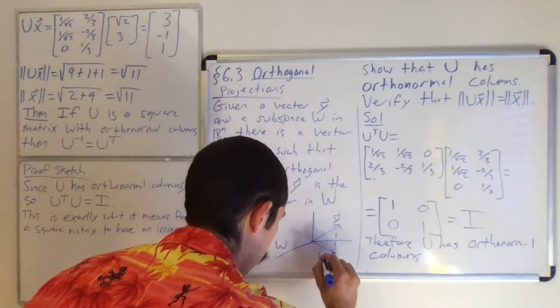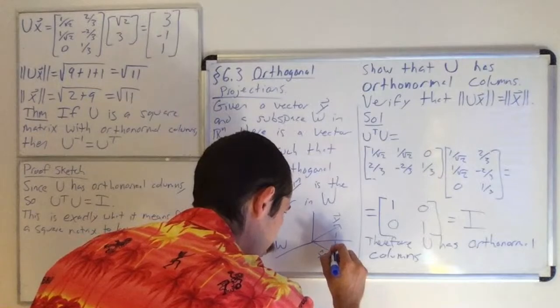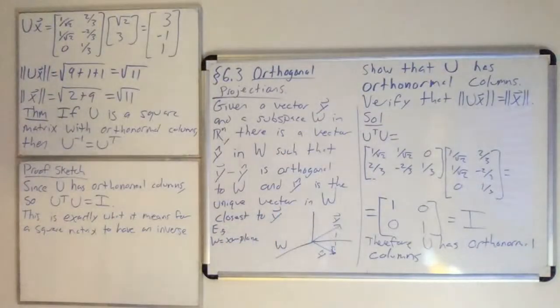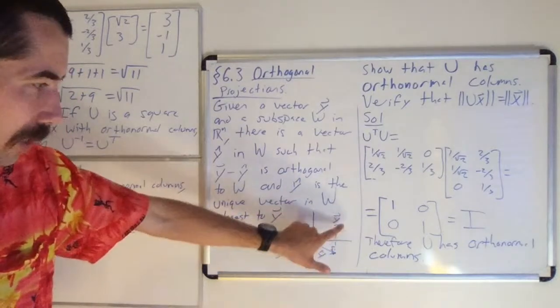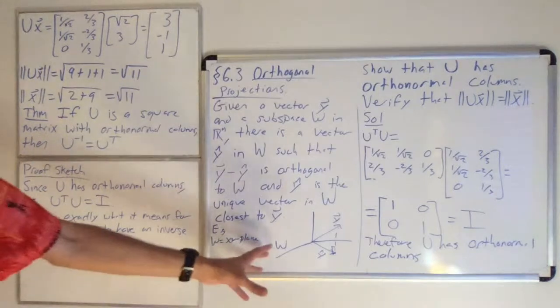The vector in the xy plane that you get by projecting y onto W would be y hat. And you can see that the vector that takes us from y hat to y is orthogonal to W. So that's kind of what we're dealing with here.